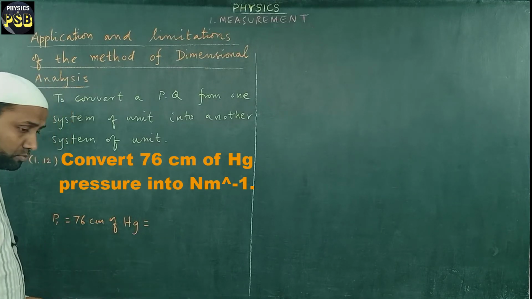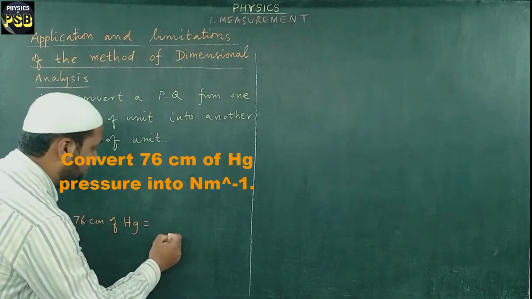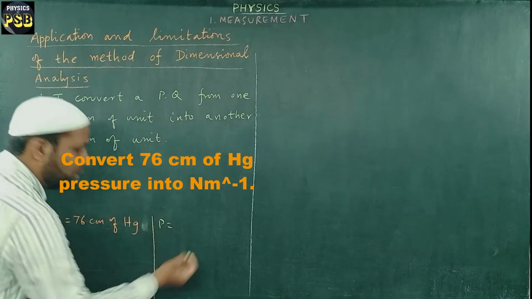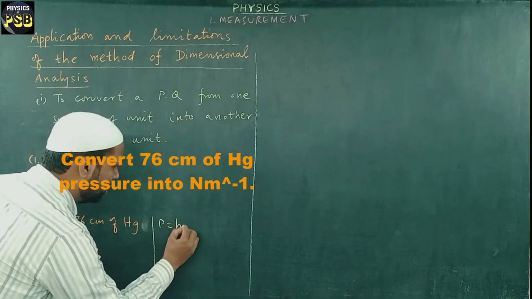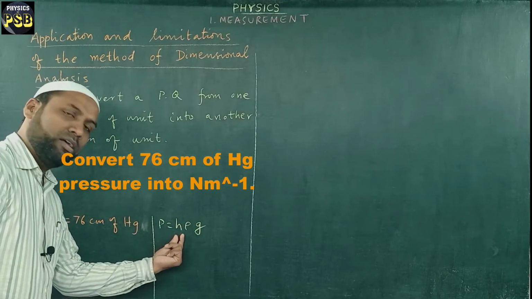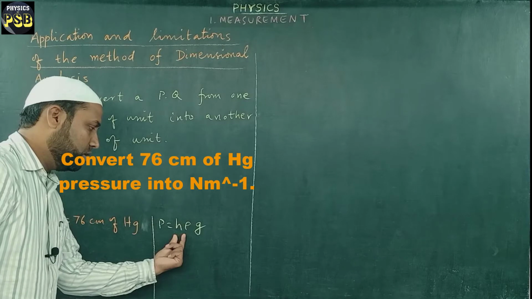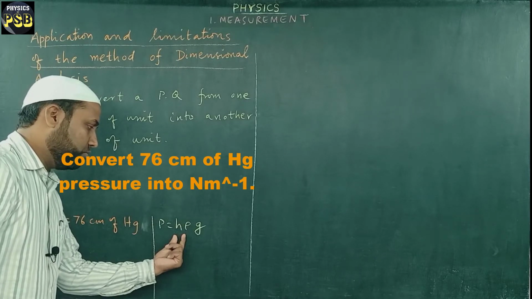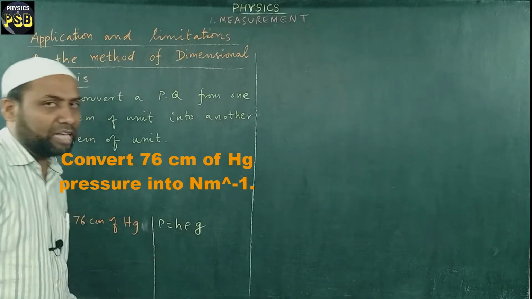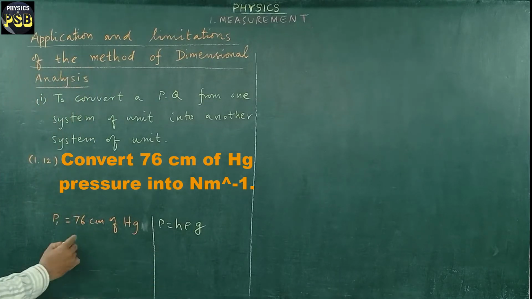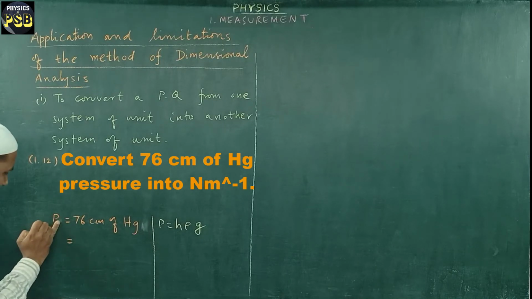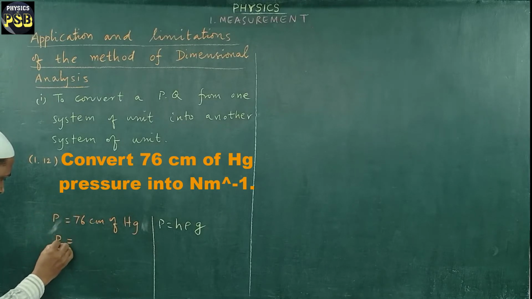We know pressure of a liquid is given as h rho g. Here h is the height of the mercury column, rho is the density, and g is the acceleration due to gravity. So first, I will convert this pressure. I take it as P, then write it in the CGS system.